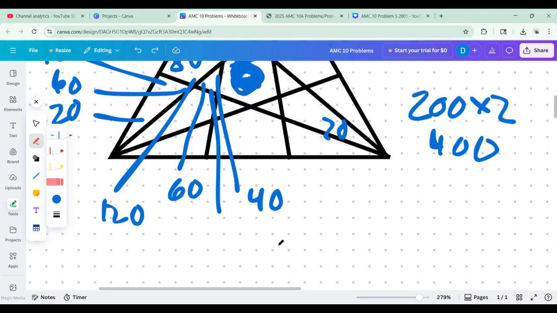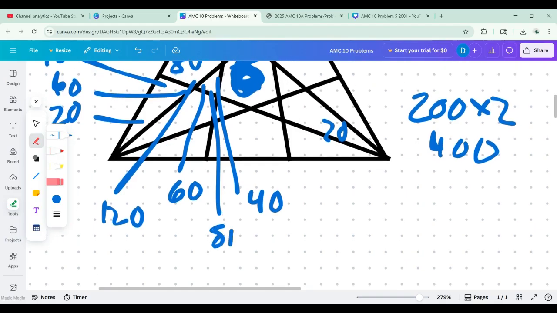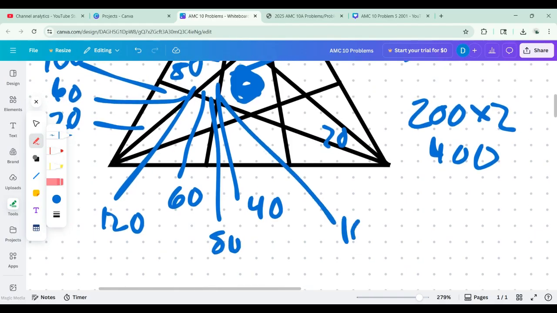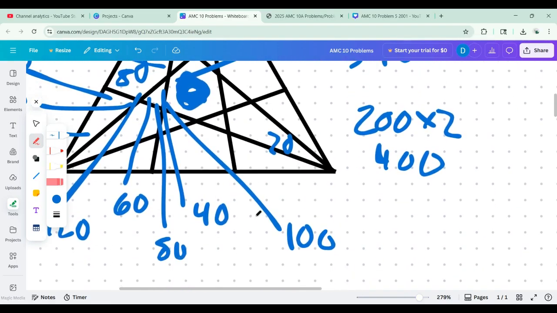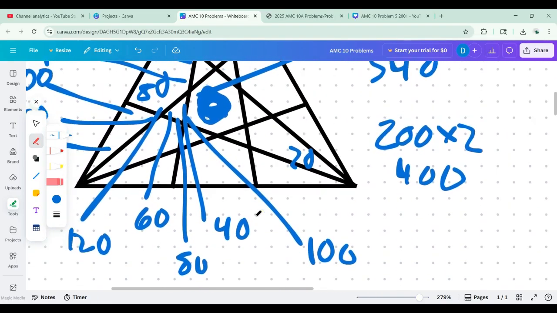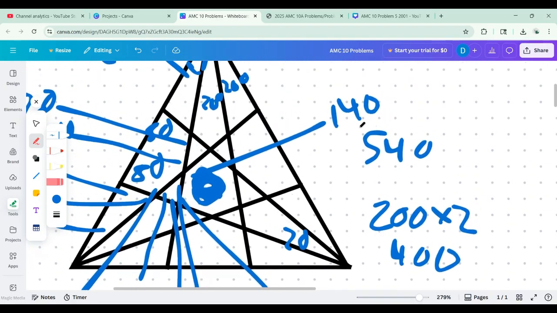No, this is 40, and this is 60. That makes this 80. So that means this angle, which is another angle part of the hexagon, it's 100. There's probably faster ways of doing this angle chasing. So yeah, there's 100 right there, 140 right here.